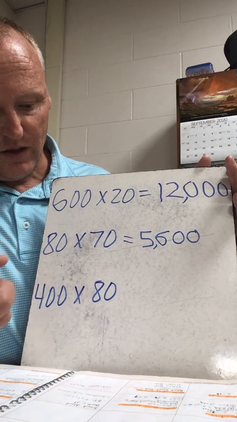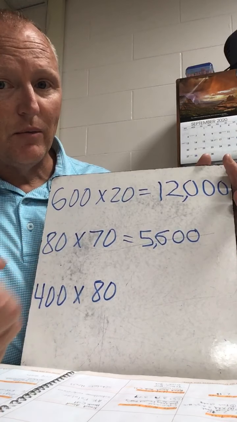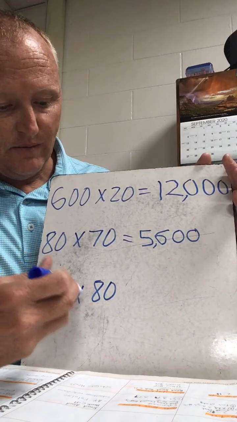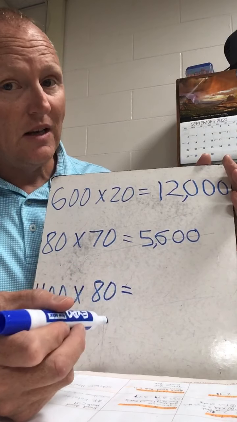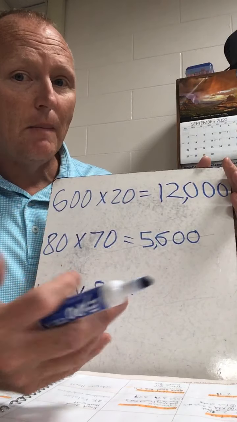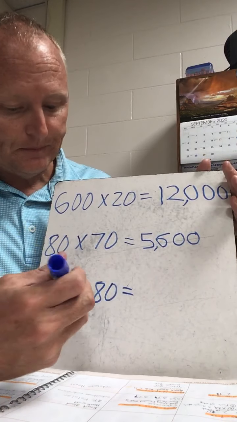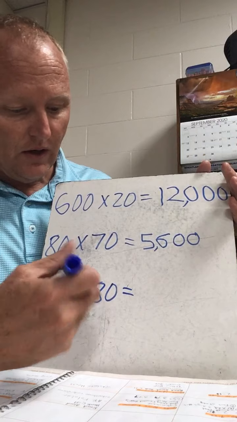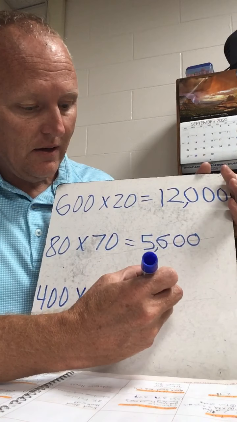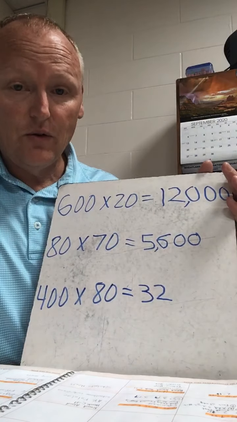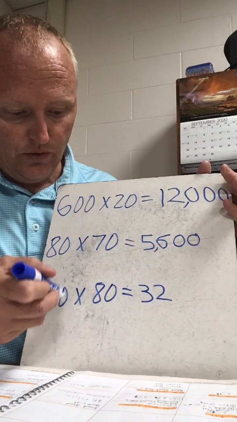Okay, let's take a look at this one. Let's say you have it memorized. Okay, 4 times 8. 4 times 8 is 32. Now, if you didn't have it memorized, you'd have to draw an array, a group picture, repeated addition, something like that. But let's say you know it, and you know that 4 times 8 is 32. Then you count your zeros, 1, 2, 3.